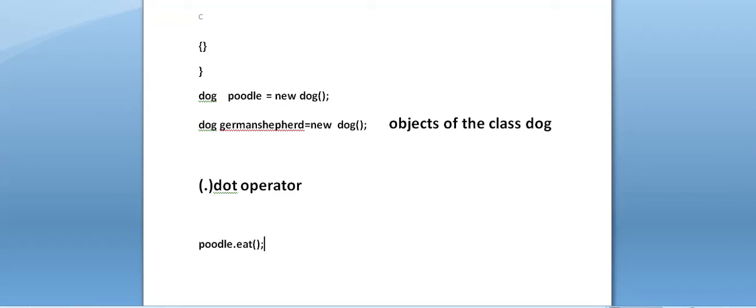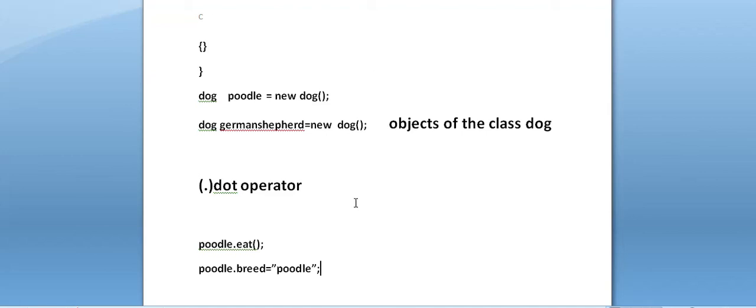This is eat. Fine. This same object can be used to refer to the data members, means the class variables of a class, like poodle dot, if any of the characteristics of the class or variable of the class is breed. So I can write breed is equal to poodle. Fine. Means with the help of dot operator we can access the individual data members of an object.